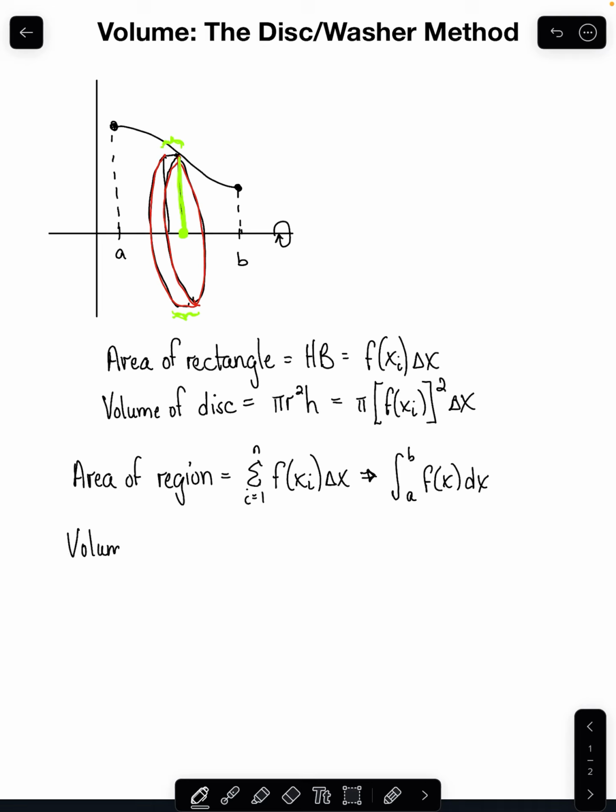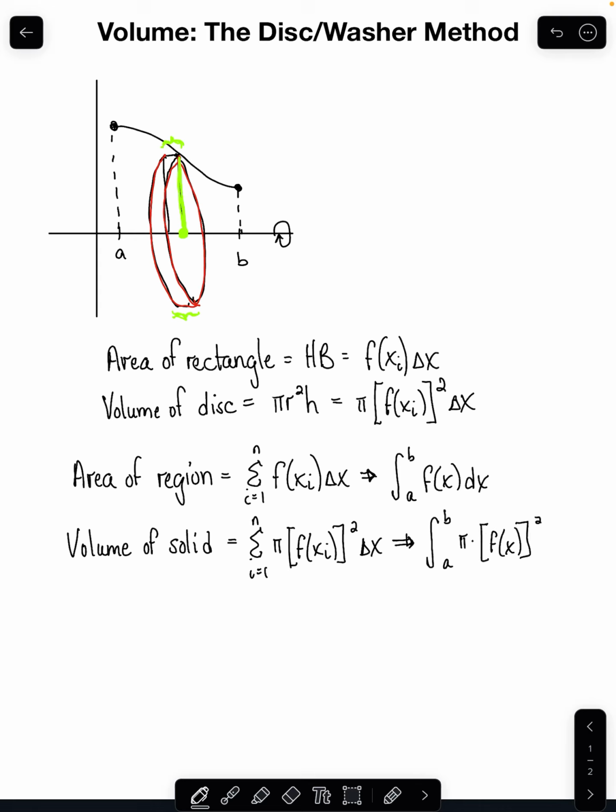Well, if we rotate this region around the x-axis, we produce a three-dimensional solid shape whose volume would be given by pi times the radius squared times the thickness of the disk, which, with a limit as n approaches infinity applied to it, would become the integral from a to b of pi times f of x squared dx.